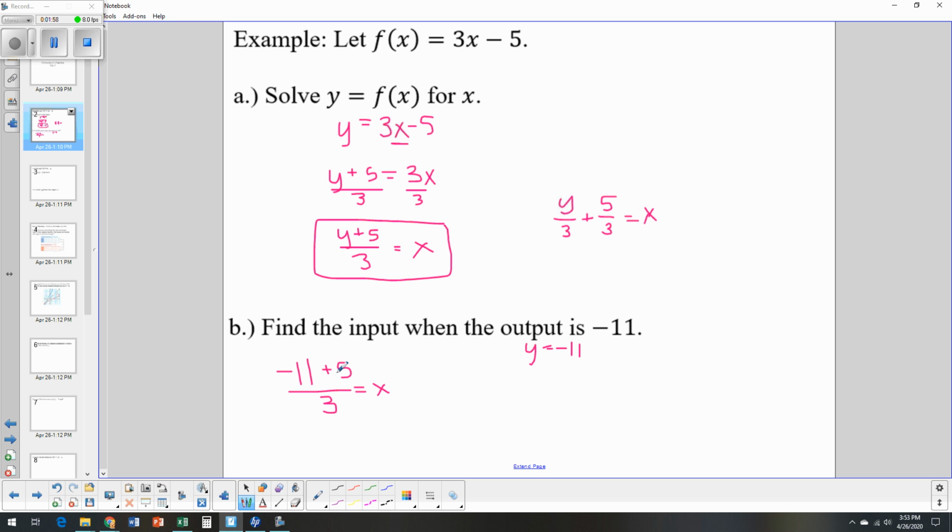So negative 11 plus 5 is really negative 6. So now I have negative 6 over 3 equals x, and if I reduce that, x equals negative 2. So the input is negative 2 when the output is negative 11.